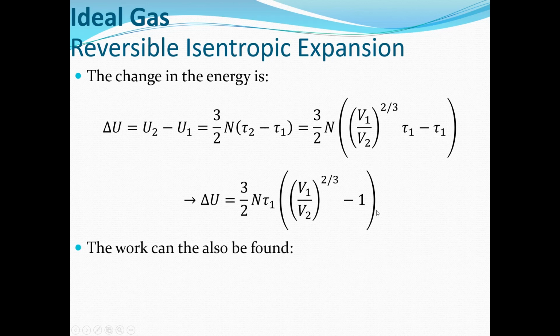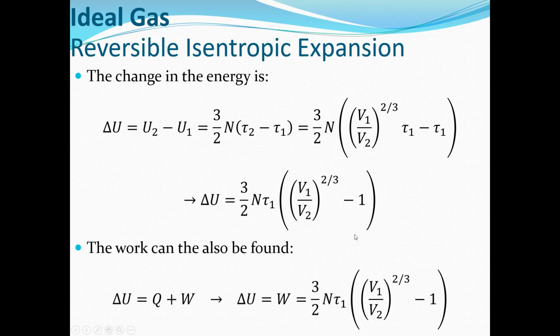Of course, you can rewrite this into whatever terms you want. If you want to instead rewrite it in terms of the pressure, so you get rid of the temperature and it's pressure and volume, whatever floats your boat, it's going to be based off of whatever is given. That's why I'm not really highlighting this, because this is a form of the change in energy based off of what's provided.